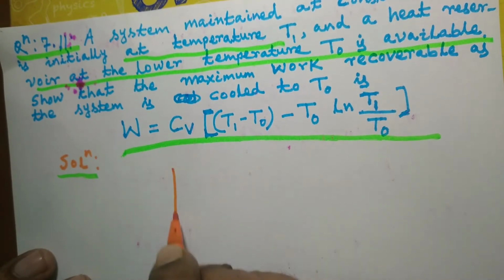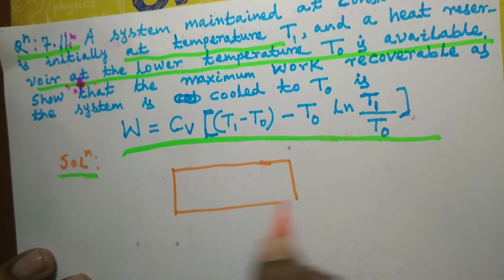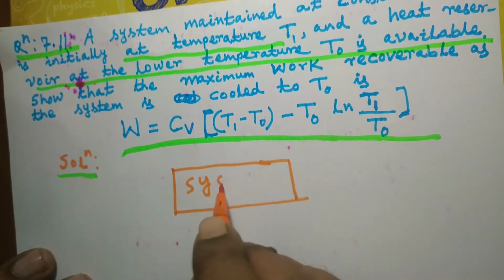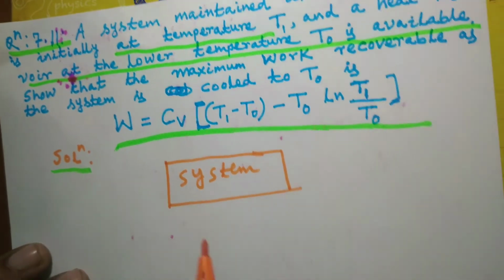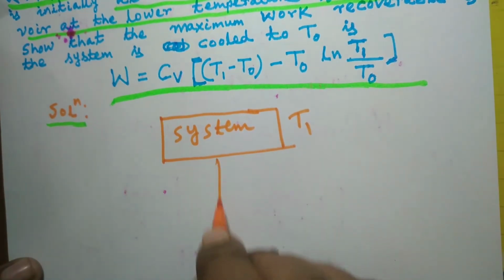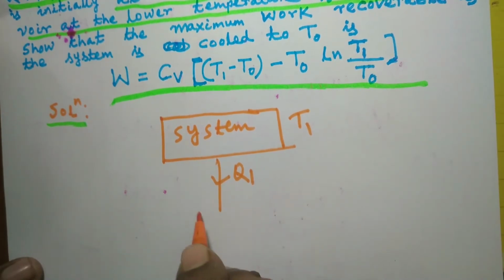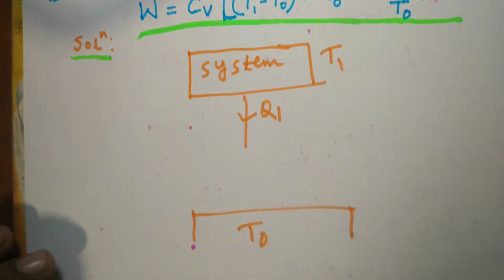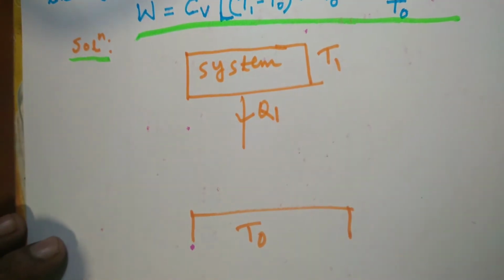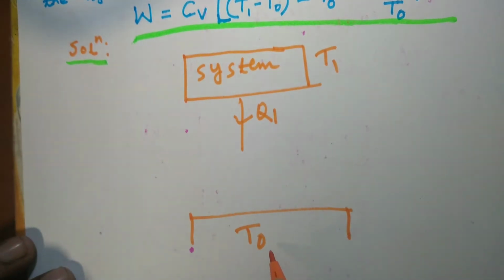So this is a system which is at a temperature T1. And let a heat engine operate between this system and the surrounding, which is a heat reservoir at a lower temperature T0.